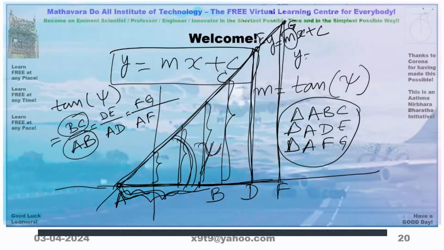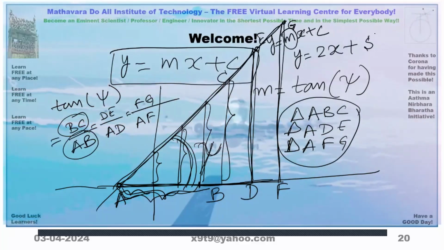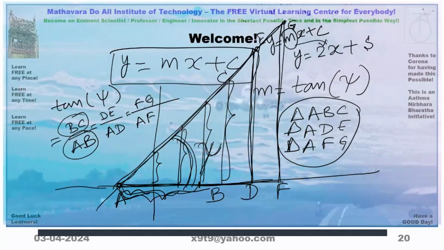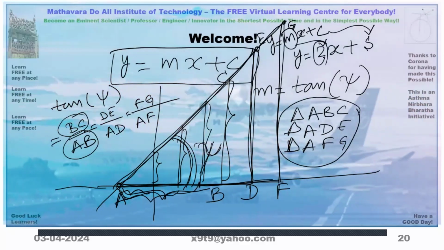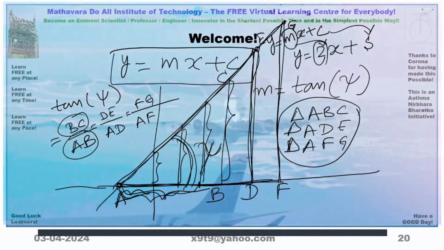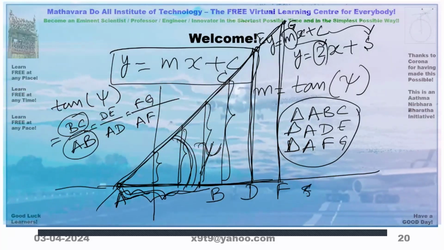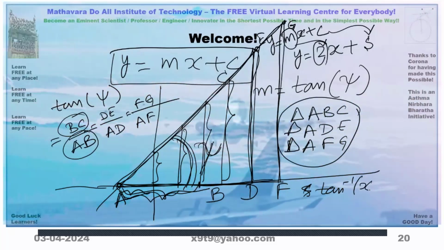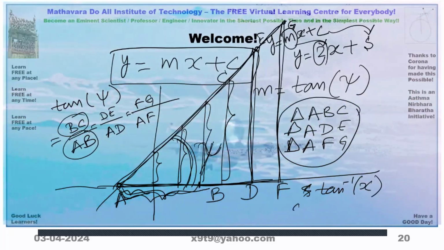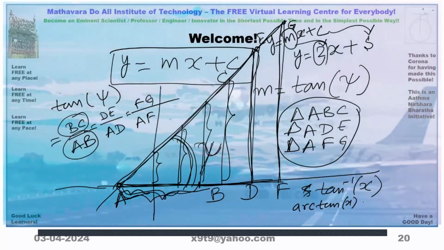For example, y is equal to 2x plus 5. Then m is 2 and c is 5. Now this 2 comes, there will be something like an inverse function in the calculator. It is written like tan inverse x, also written as arc tan of x.